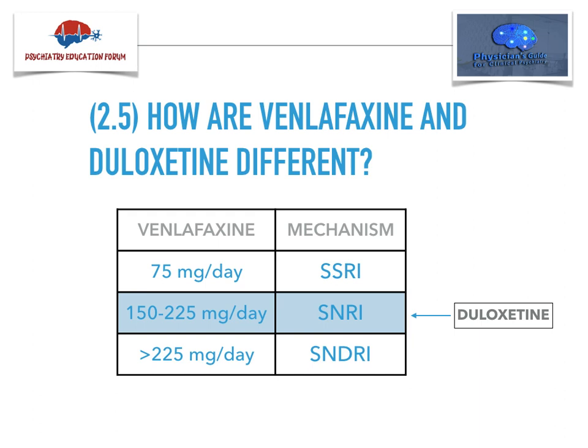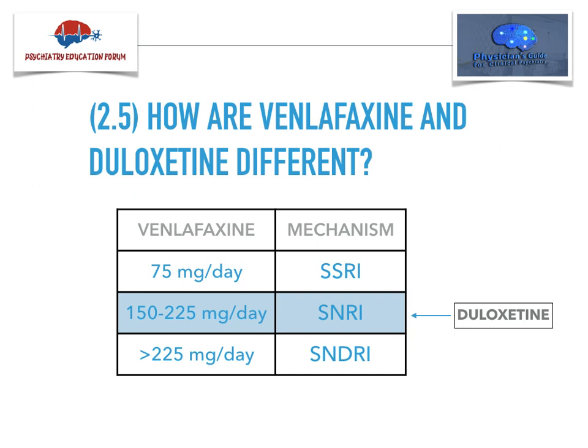For SNRIs, you get similar side effects, but you also get a norepinephrine, noradrenergic side effect of activation sometimes. But also the risk of hypertension is high, so be very cautious prescribing SNRIs if somebody has uncontrolled hypertension.